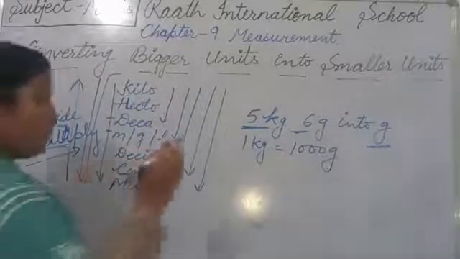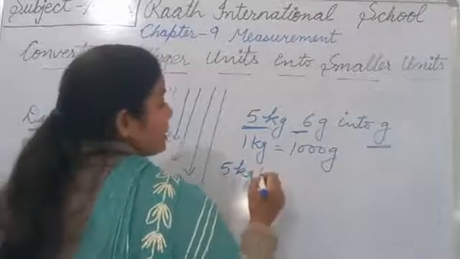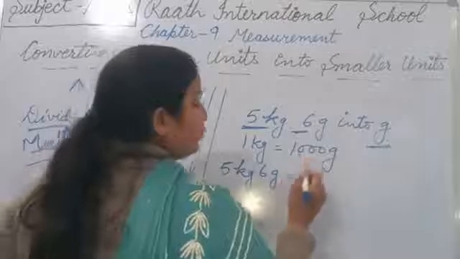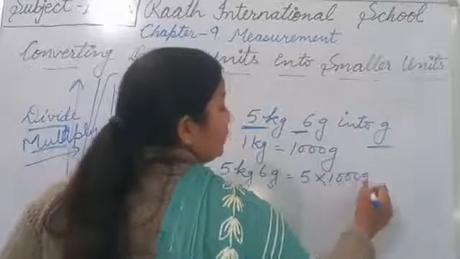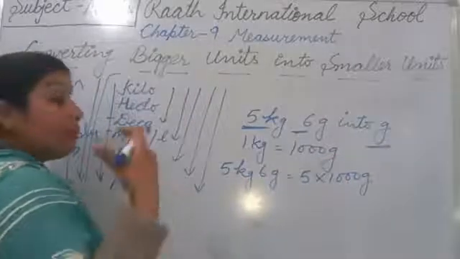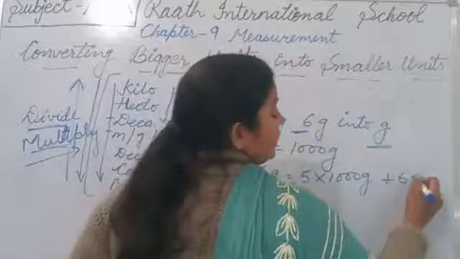Okay, so now 5 kg 6 gram. What will we do? 5 multiplied by 1000 because it is in kg. When we multiply by 1000, it becomes gram. And 6 is already gram, so plus 6 gram.